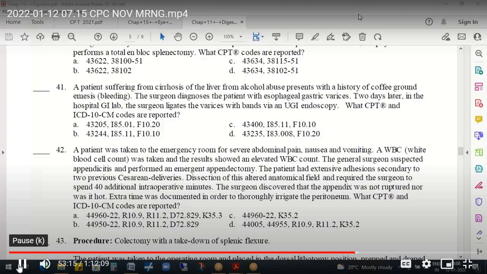See what we need to look for when we are coding hernia. First we need to identify the name of the hernia. Then what is the procedure performed? How many ways can they treat the hernia? One is open method, another one is laparoscopic method. Third, whether that hernia is initial or recurrent. Then you can see the age of the patient.